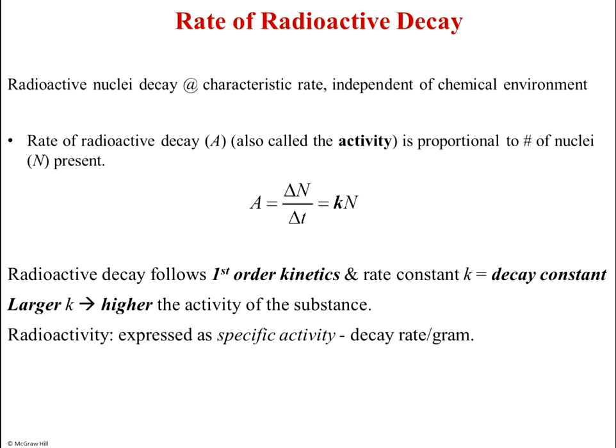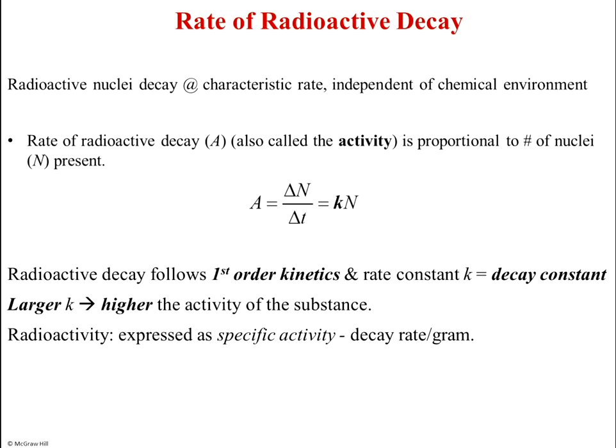Now we can look at the kinetics for the radioactive decay process. We find that radioactive nuclei decay at a characteristic rate, and it is independent of the chemical environment. Also, the rate of the radioactive decay, which is also called the activity, is proportional to the number of nuclei. And so we can represent this here.